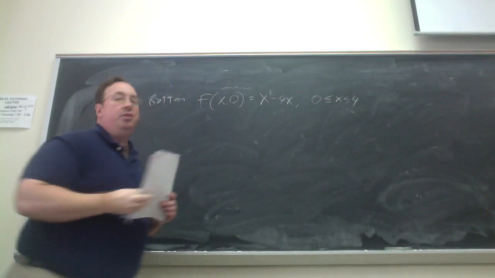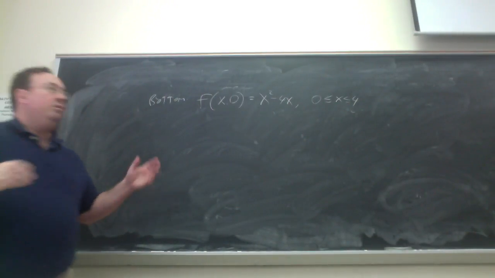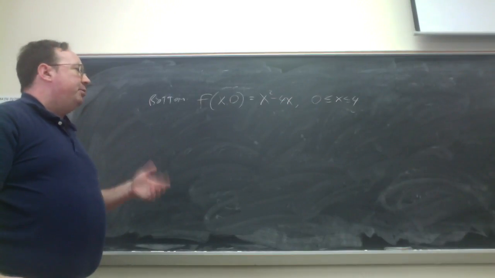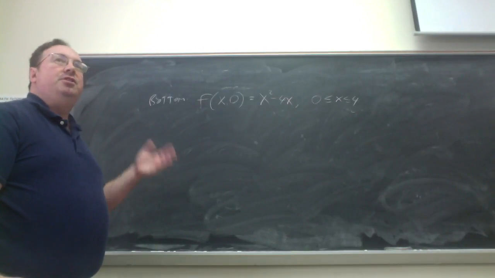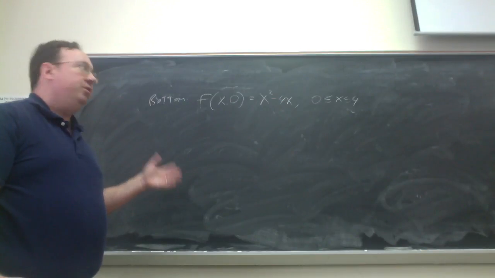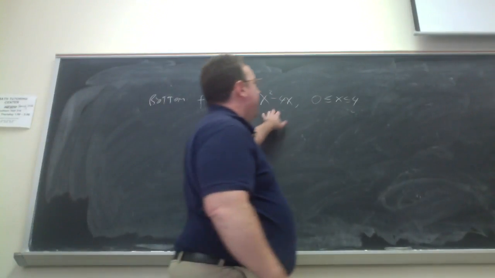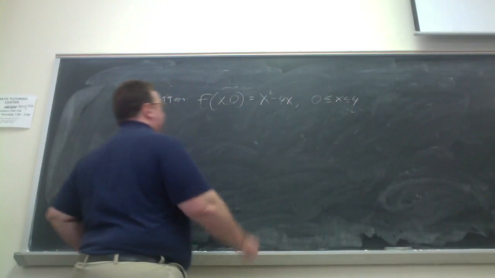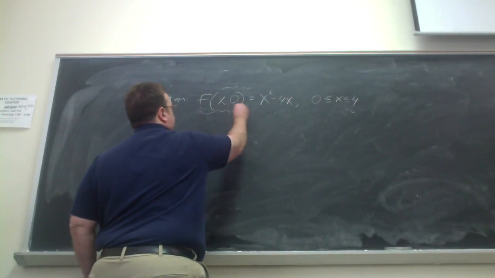So now we're solving a one-dimensional absolute max, absolute min problem, just like you did in Calculus 1. You give it a function and an interval, and we find the absolute max and min along that. I'm going to call this g of x.